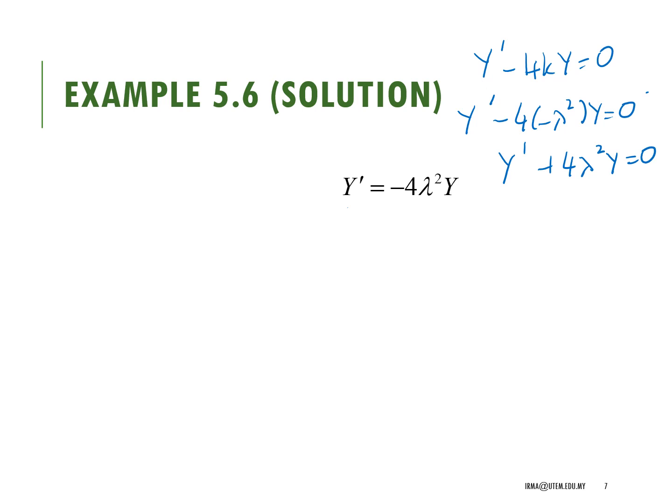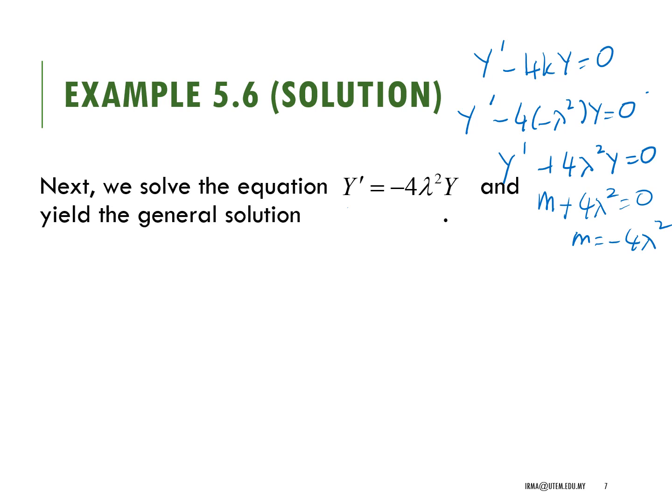If you write m plus 4 lambda squared equal to 0, your m is equal to negative 4 lambda square. And since we have only one root, the general solution is equal to C9, we just continue from the previous constants, C9 exponent negative 4 lambda squared y, because this involves y as the variable. So this is seen as y.